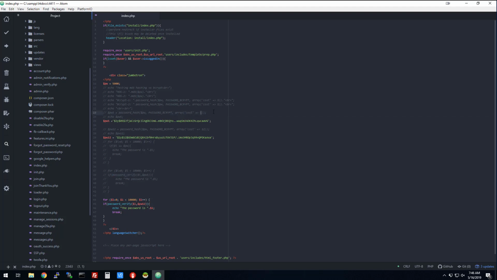So you can say, all right, UserSpice, my software uses a cost of 12 by default. You can say, you know what, computers are getting faster. I want to increase that to a cost of 14. I'm willing to spend the extra second or two on people logging in.